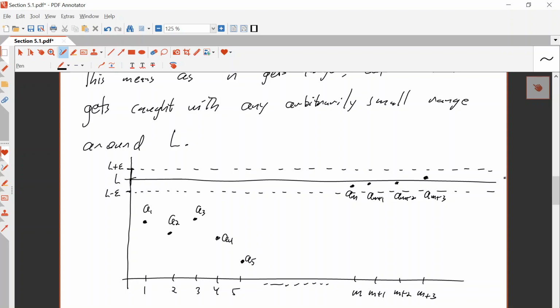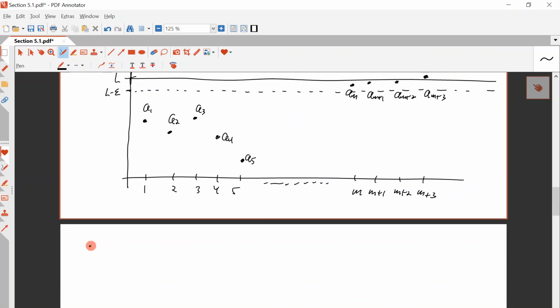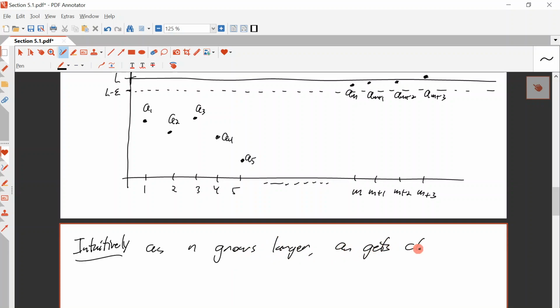In other words, as n gets larger, a_n gets as close to L as you would like it to be. As n grows larger, a_n gets closer and closer to L, as close as you would like it to.